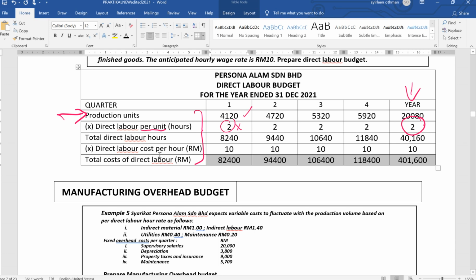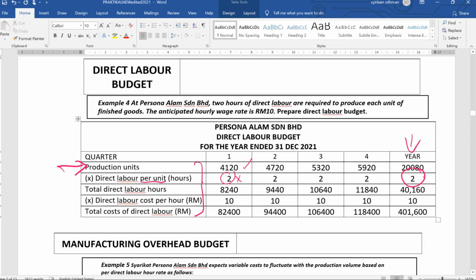Ini adalah wages that you need to pay to your labor. So this item here, okay, you akan nampak nanti kita akan will be reflected in your cash budget, because this item here adalah apa yang kita perlu bayar sebagai gaji ataupun upah pekerja. Okay, sama macam direct labor, direct material tadi.